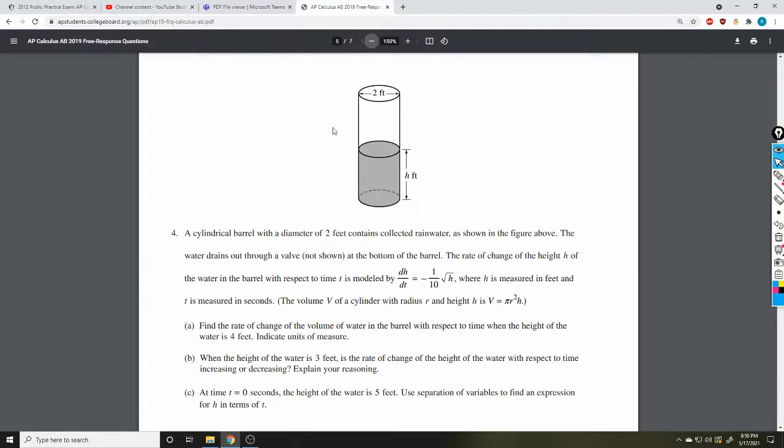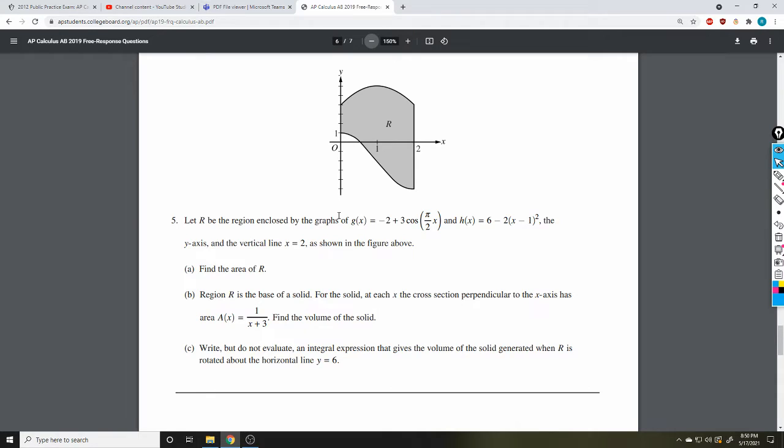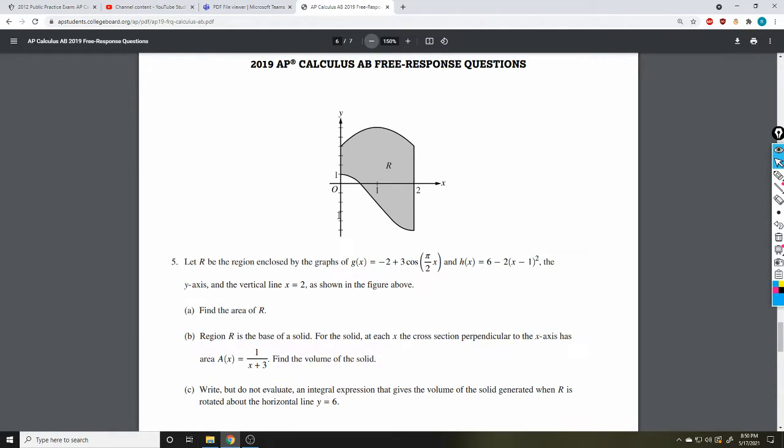So, moving forward to question 5. I'm going to draw a couple pictures here. First off, in part A, find the area of R. That's just going to be top curve minus bottom curve. I should know that this is my downwards facing parabola, so this is h of x.